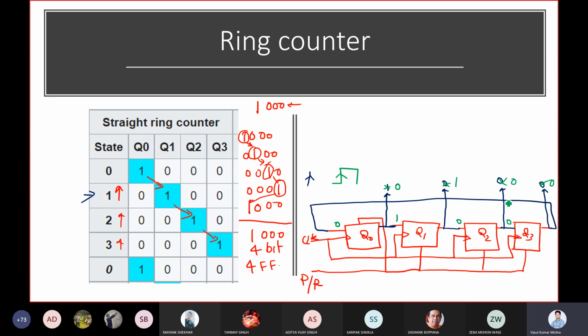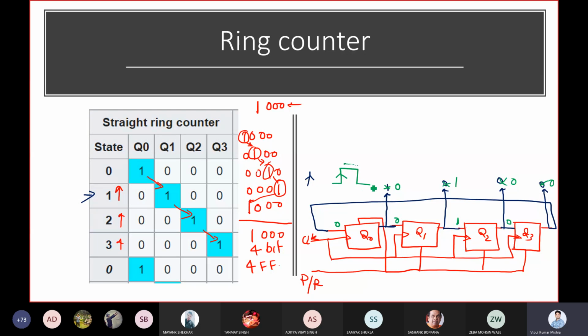Now, once this modification happens, what input will be there after this modification? Definitely this input will remain 0. This input will also be 0. You can figure out from here, right? So these two will be modified. This input will become 0 and this input will now become 1.